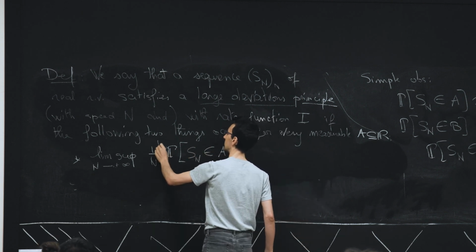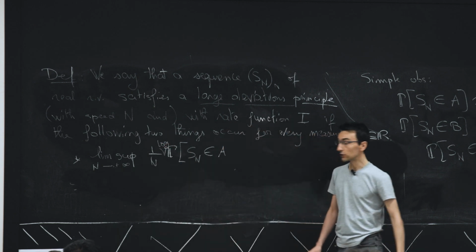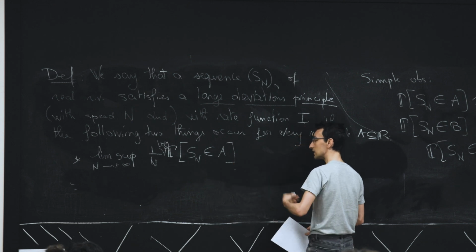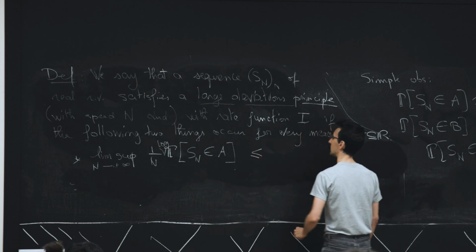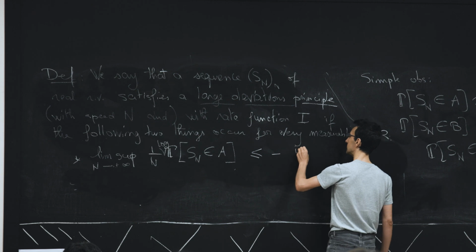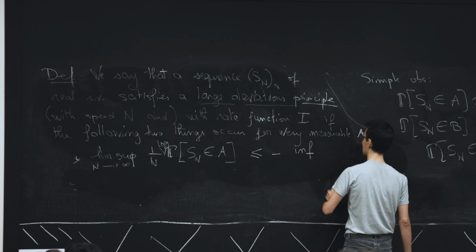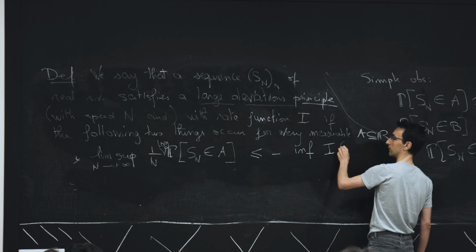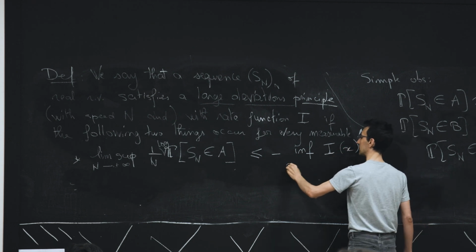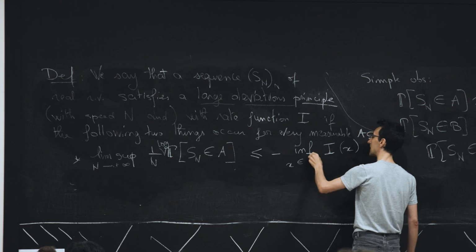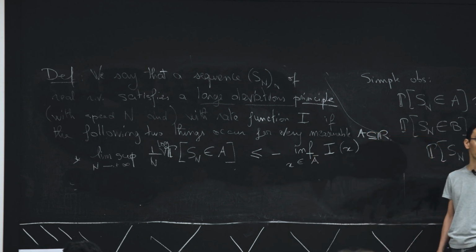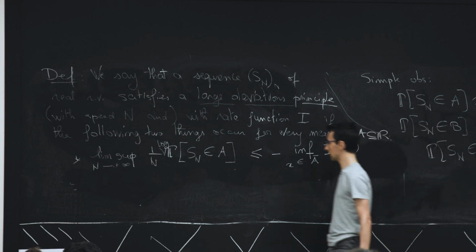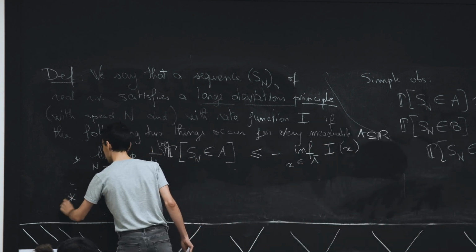So here there is a log. 1 over n log of the probability that Sn belongs to A. I'm asking that the lim sup is bounded by minus the infimum of this rate function I of x, in, I'm going to take x not just in A, but in the closure of A, just to be sure. So this is A bar, the closure of A. This is the large deviation upper bound.